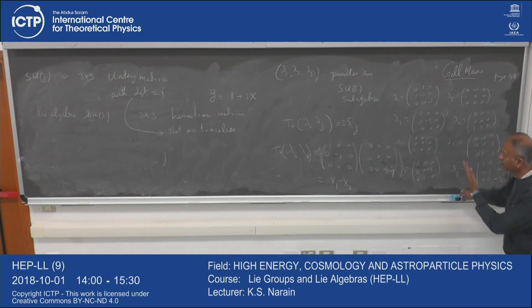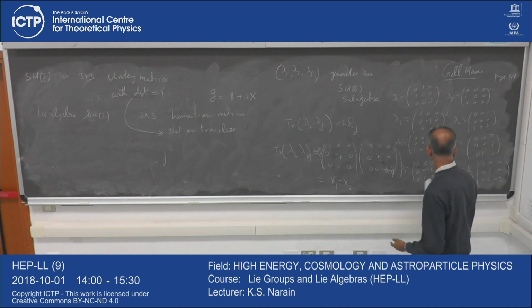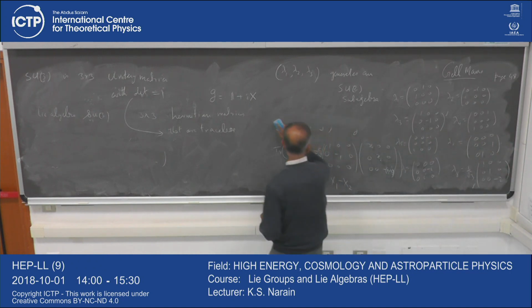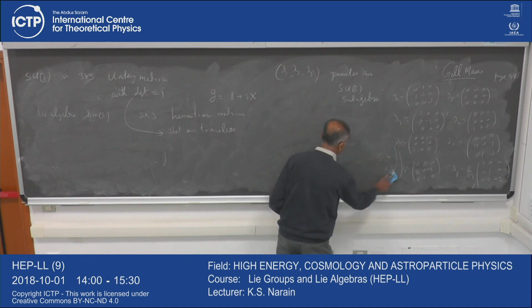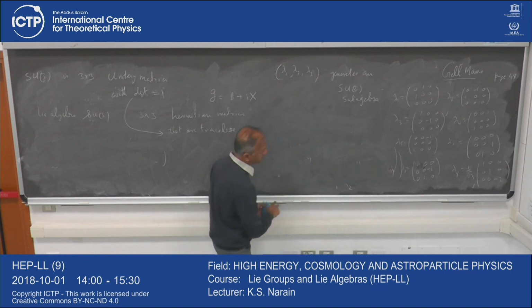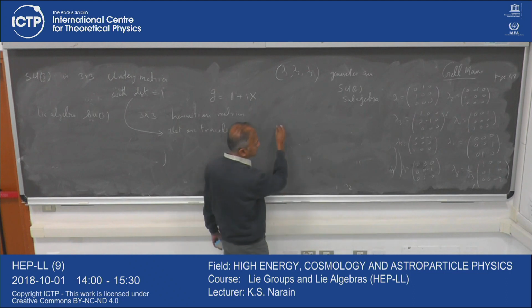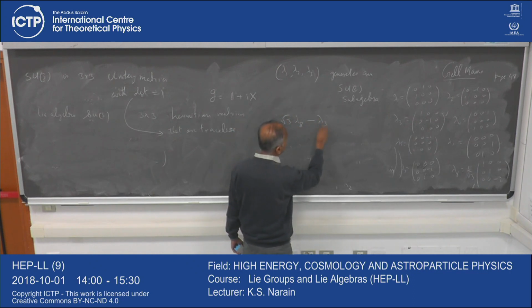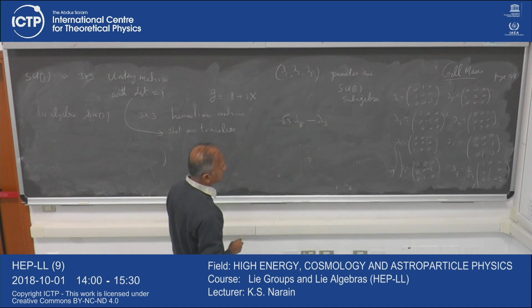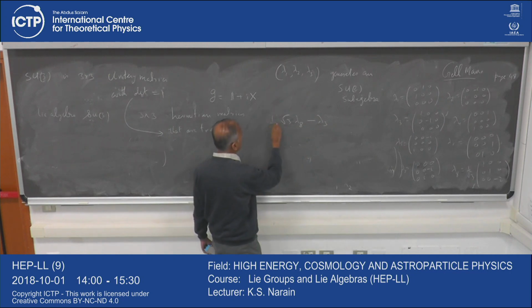In fact, from our point of view, it is better to take some other basis. Instead of lambda 8, we can choose this rather complicated basis. So for example, I could choose root 3 lambda 8 minus lambda 3, divided by 2, maybe.